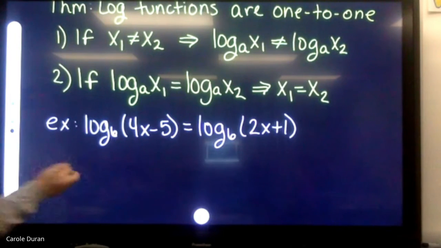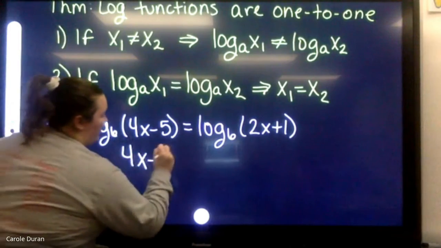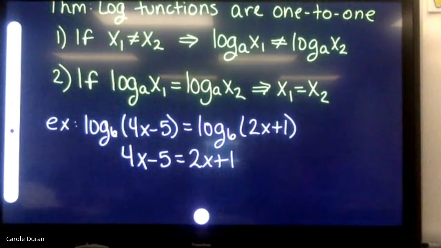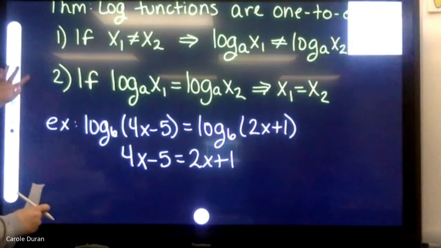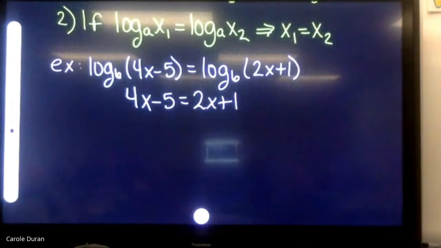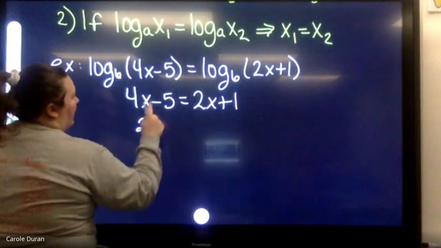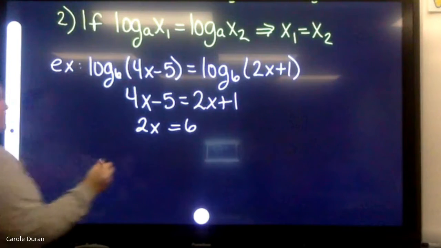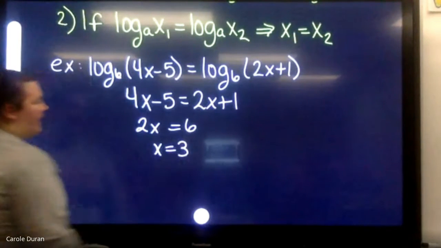Knowing this allows me to pull out that variable piece, set them equal to each other, and solve. Because they were both log base 6, I can essentially just get rid of the log base 6, and I'm solving only for what I'd be taking the log of. So then I have 4x minus 5 equals 2x plus 1. I want to solve for x just like normal, so I subtract the 2x over, I add the 5 over, and I get 2x equals 6. Divide each side by 2, and I get x equals 3.